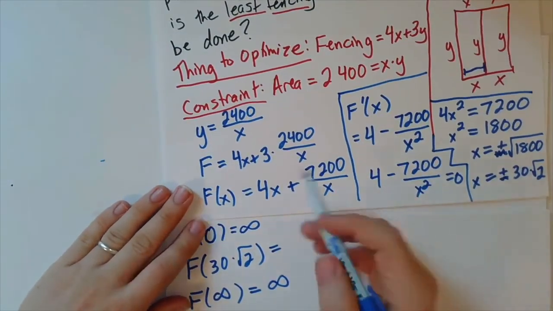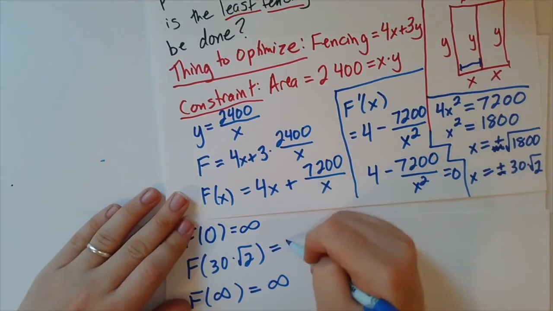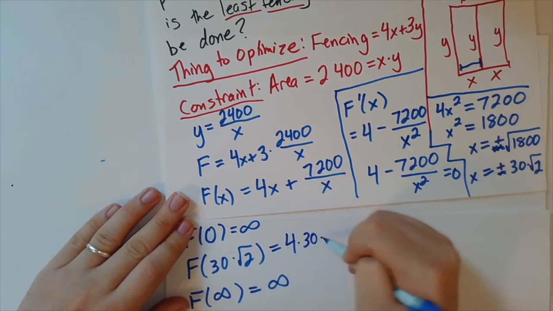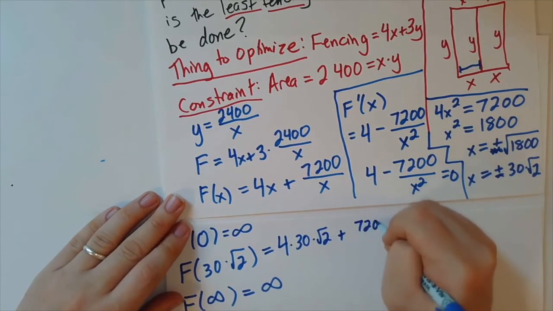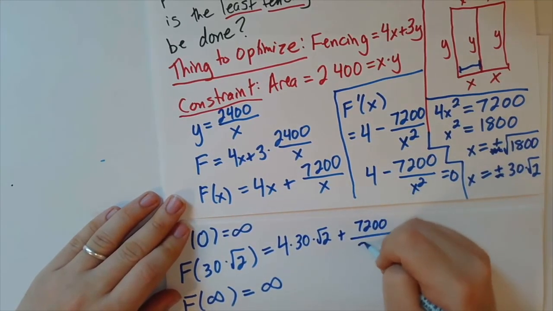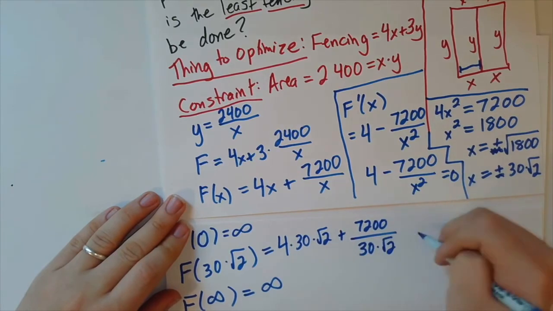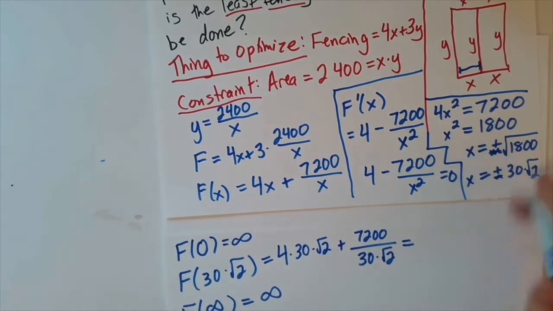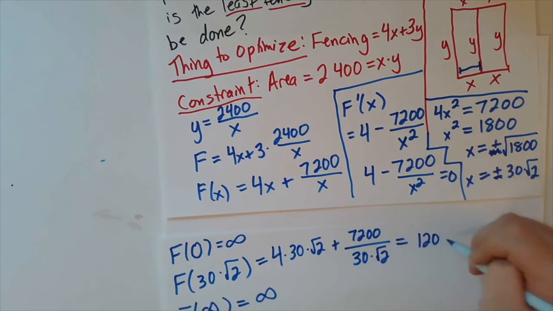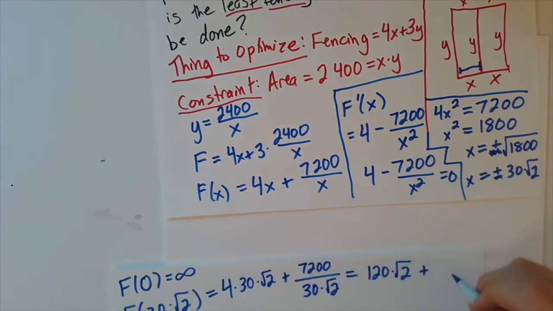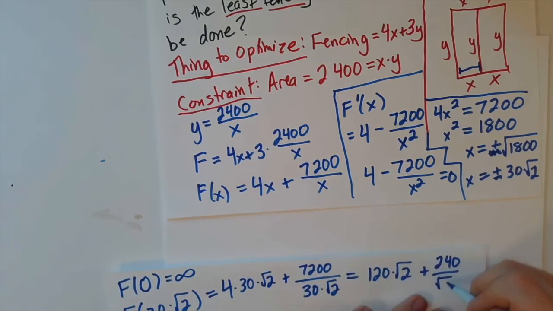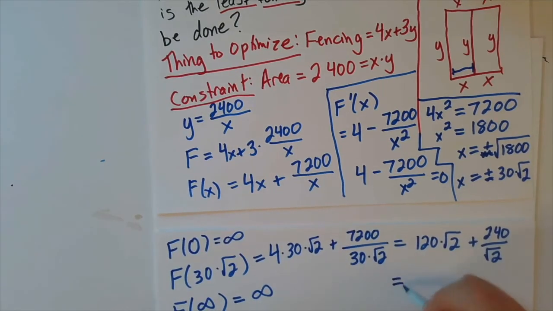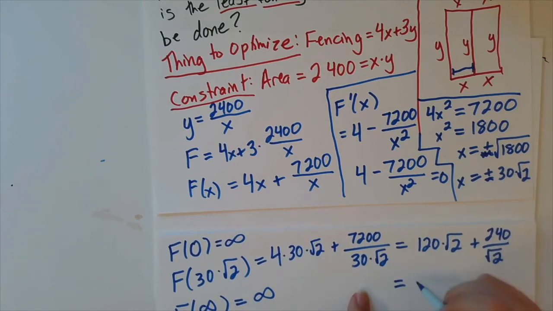And I can evaluate that because I have my function for f here. Namely, my function for f is right there, so this is going to be 4 times 30 times the square root of 2 plus 7,200 divided by 30 times the square root of 2. Okay, so this is going to be 120 times the square root of 2 plus 240 divided by the square root of 2. Which, if you think about it, that is actually the same thing.